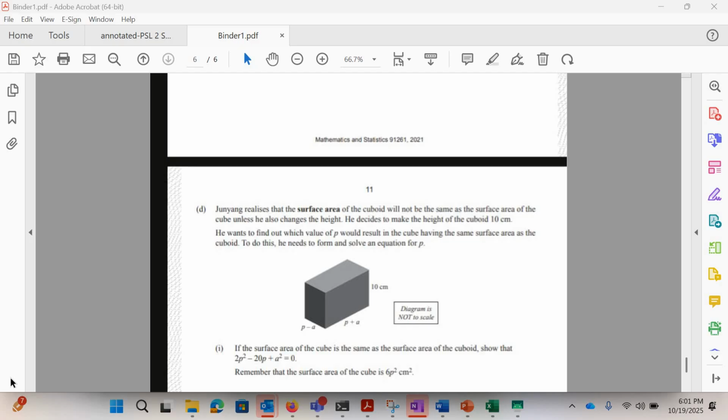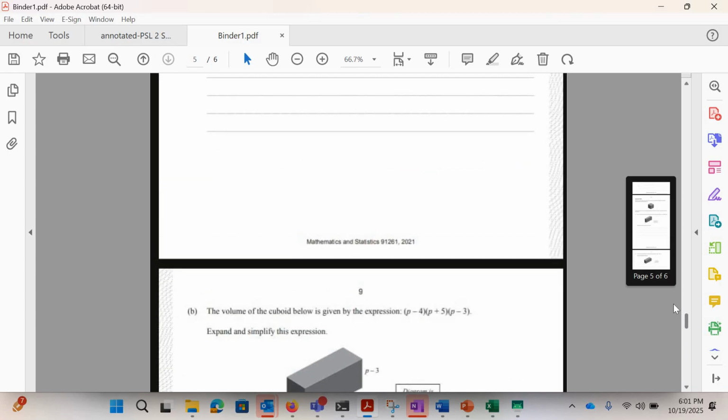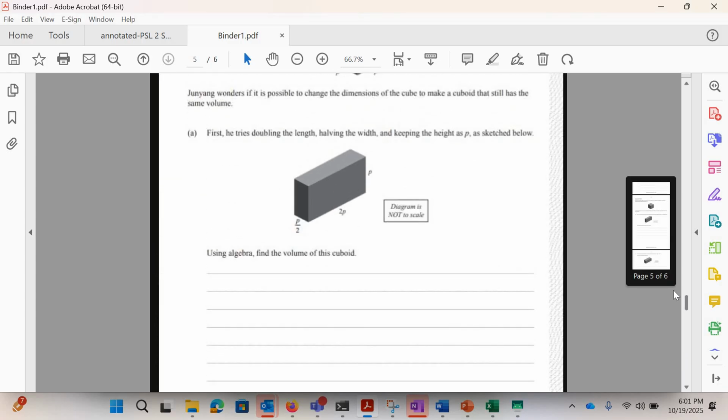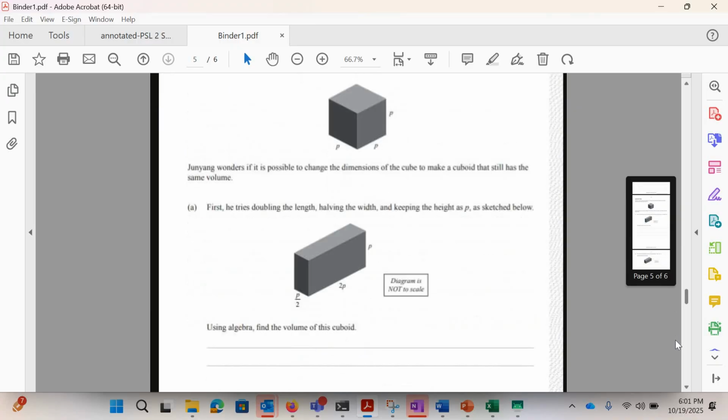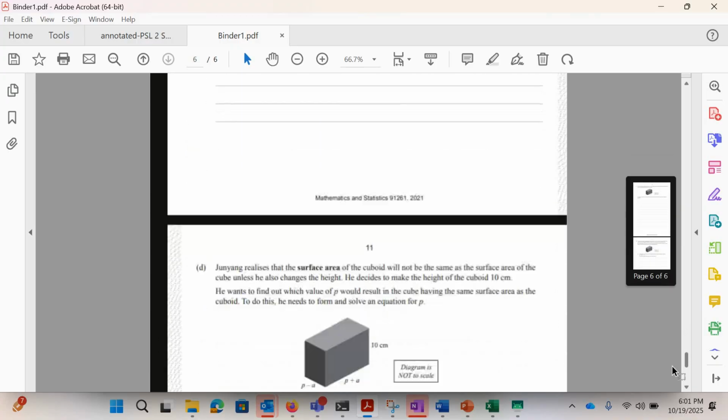It says that the surface area of the cube is the same as the surface area of the cuboid. The surface area of a cube is going to be 6 times p squared. I think they have that at the beginning of the problem. Let's go look. Right here, they tell you 6p squared, and it just comes from adding up all the sides.